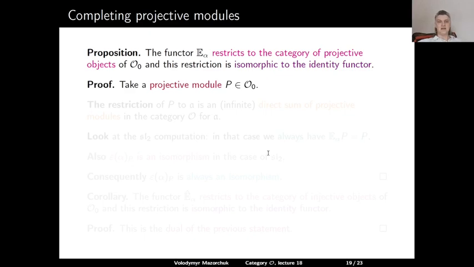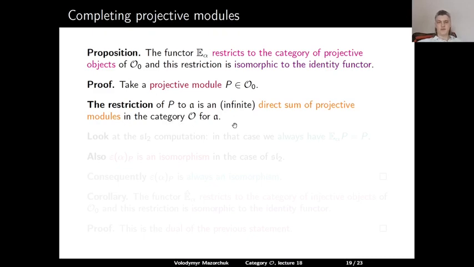Proof. Let us take a projective module P in O0. Note that the restriction of P to our SL2 subalgebra A is an infinite direct sum of projective modules in the category O for A. And now we can check the SL2 computation and see that in that case, completing a projective module always results in the same module.